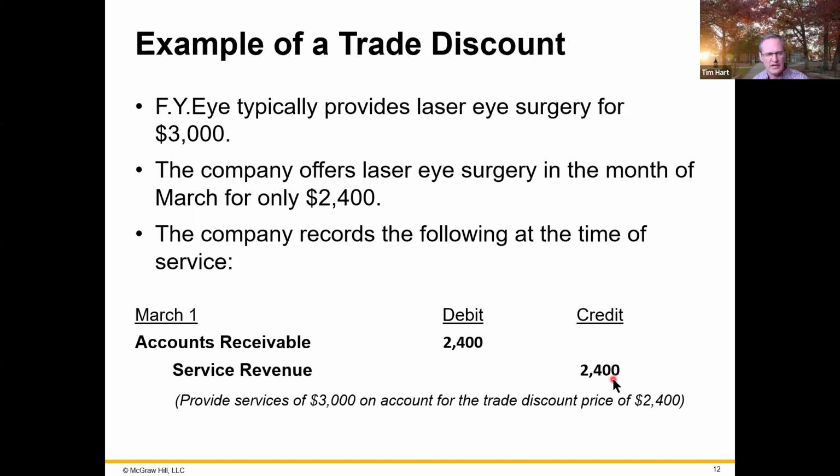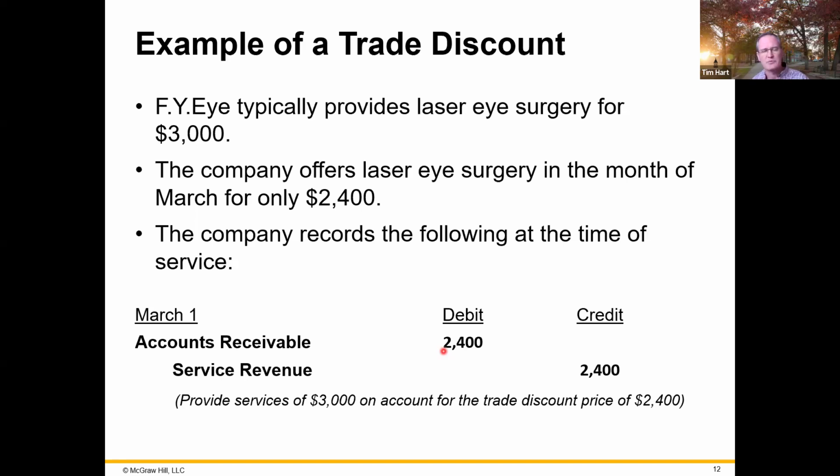I'm going to point out here, and then we'll see it again momentarily: we're not recording service revenue of 3,000 and account receivable and a discount of 600 to get to the account receivable of 2,400. A trade discount is a kind of top line, initial trade that reduces the amount of revenue that we are expected to receive.